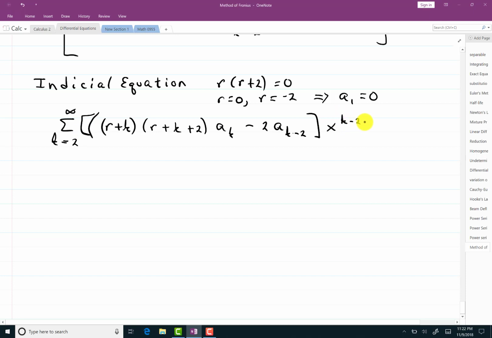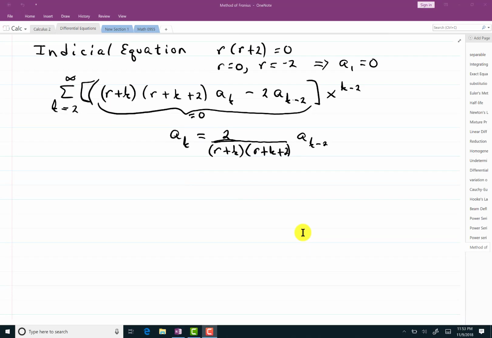As usual, we're going to set this stuff equal to 0. So a sub k is going to equal 2 over r plus k times r plus k plus 2.